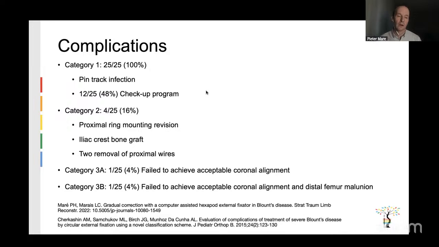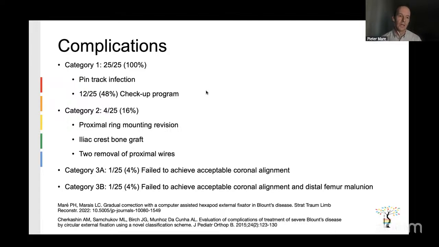Most of those were however superficial and they only required antibiotics. 48% of them required multiple programs to correct. 4 out of 25, so 16%, required return to the operating theatre, 1 for proximal ring mounting revision, 1 for iliac crest bone graft where the tibial osteotomy was done too distal from the apex of the deformity, and there was unacceptable translation, and that resulted in delayed consolidation of the regenerate, and it required autograft. There were 2 patients with deep fixation element infection that required removal and debridement.